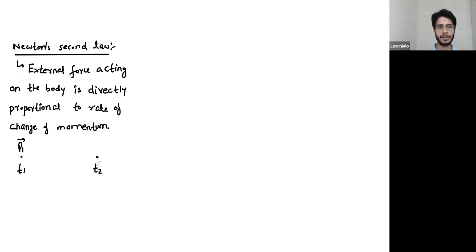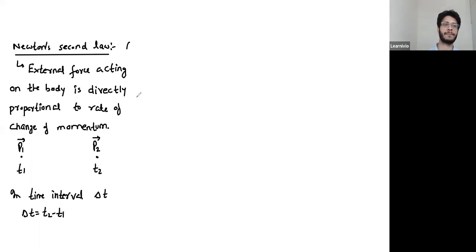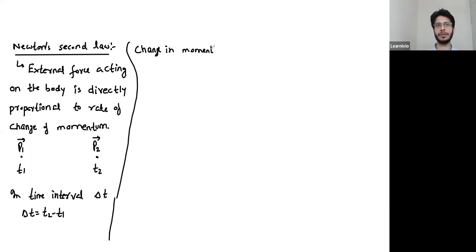At some time instant t2, the momentum of the body is p2. So in time interval delta t, where delta t is basically t2 minus t1, the change in momentum is delta p, which is p2 minus p1. So the rate of change of momentum.